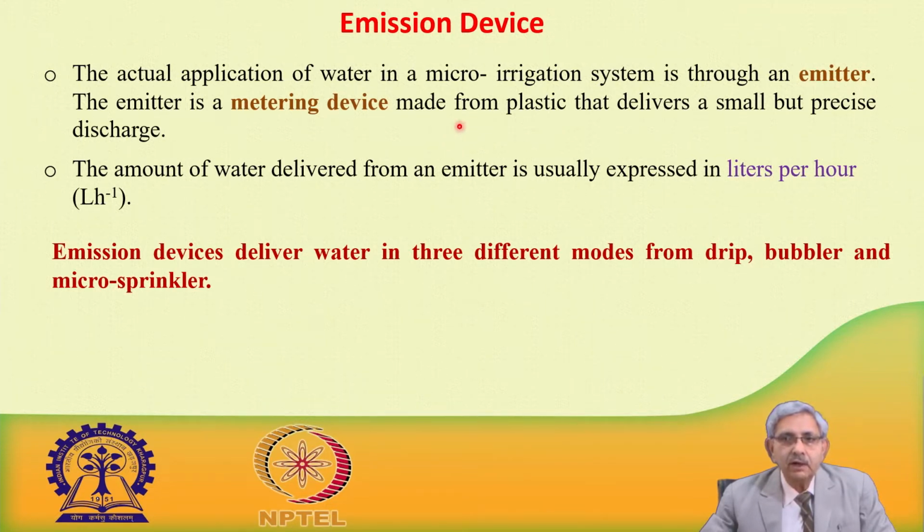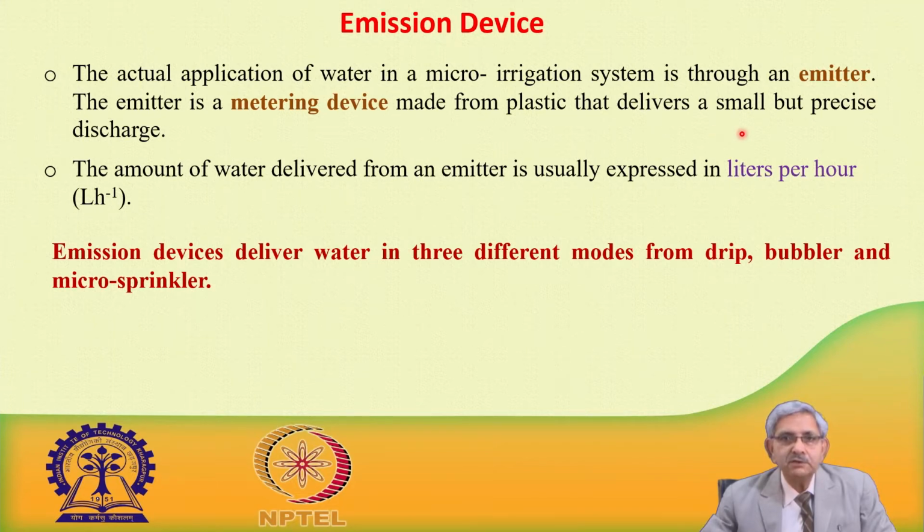When we take, say, a sprinkler irrigation system, the nozzle is made up of brass or gunmetal or some other material, but in a drip irrigation system all the emission devices are made up of plastics.